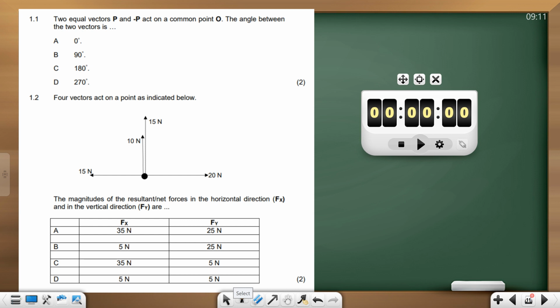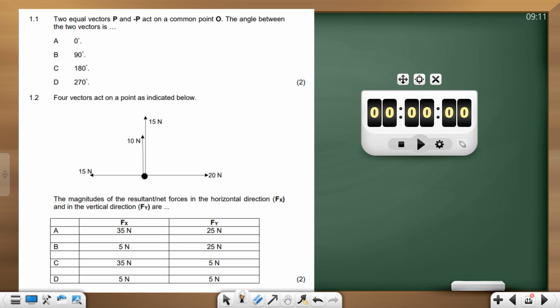All right, we should be done. Let's mark together. Two vectors, two equal vectors, P and negative P, act at a common point.